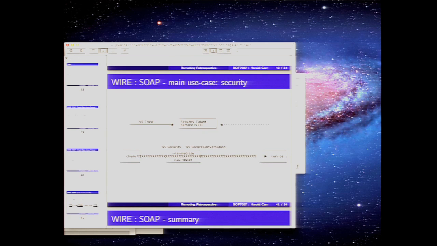Now, for SOAP, the main use case is security. To me nowadays, the main reason to use SOAP is security. And what it does really well, REST can't touch it, and Corba can't touch it. DCE can touch it, but you don't want to use DCE. And that is, it has this thing called WS Trust.